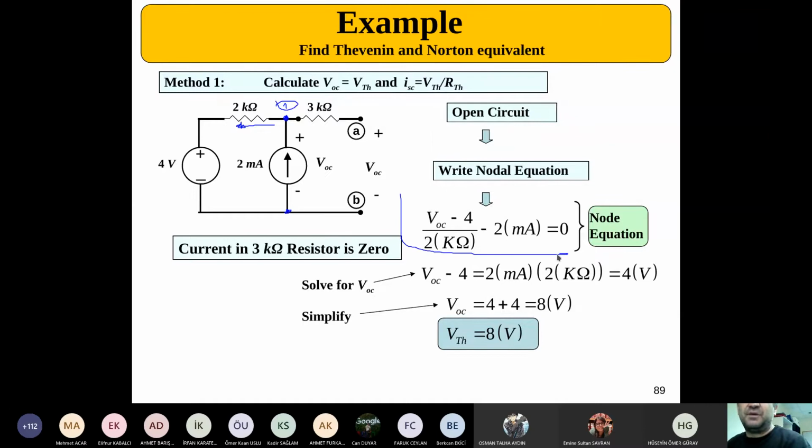Put this 2 milliamps to the other side of the equation and multiply by 2 kilo ohms; the milli and the kilo cancel each other. You'll obtain 4, and when you move this 4 to the other side, VTH can be calculated directly as 8 volts.